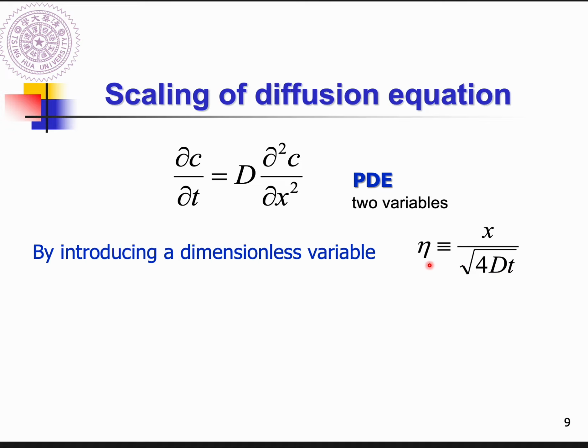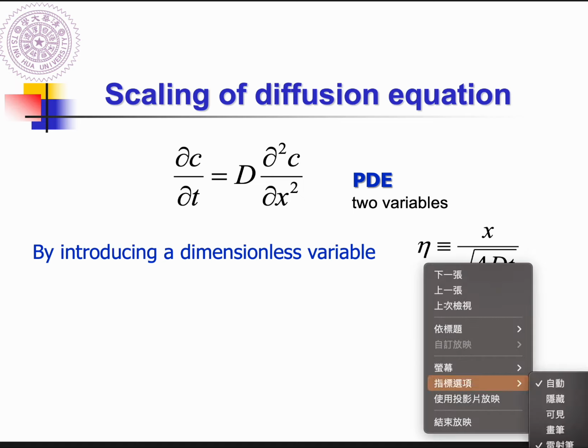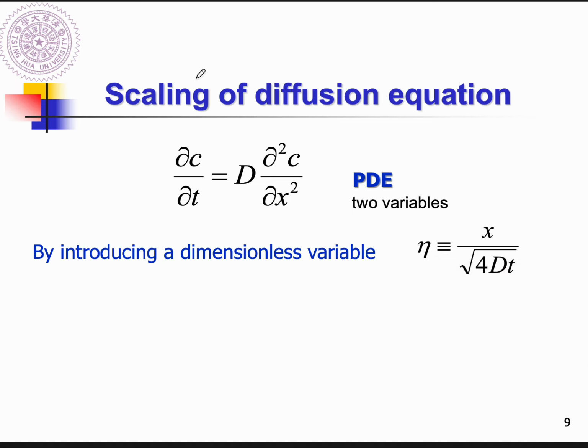So the following part will be like this. We try to convert the partial c partial t to become the partial c and partial eta. And the right hand side here, we want to try to convert this to also respect with eta.